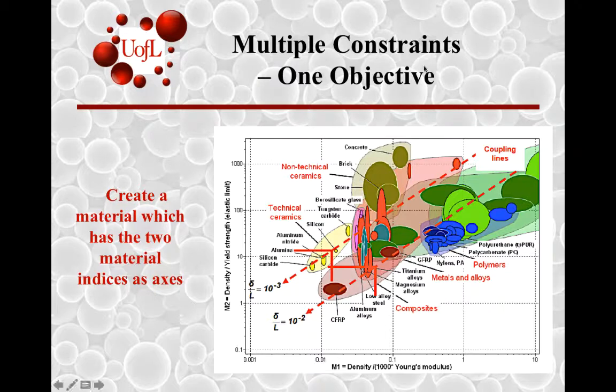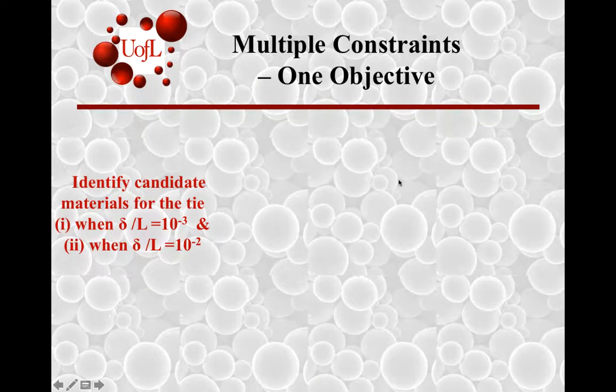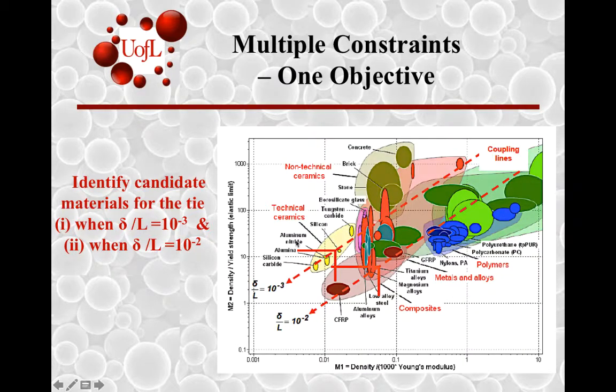So depending upon varying the intercept, you'll have different coupling lines. Let's specify two coupling lines, one where L over delta is 1000 and delta over L is 10 to the power minus 3, or a second case when L over delta is 100, and so delta over L is then 10 to the power minus 2. So if you go back and revisit those plots, you have these two different constraints.